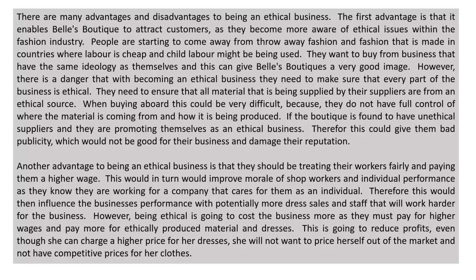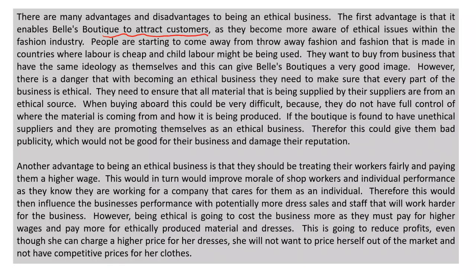So I've started off with: there are many advantages and disadvantages to being an ethical business. The first advantage is that it enables Bella Boutiques to attract customers as they become more aware of ethical issues within the fashion industry. So attracting customers is your AO1.